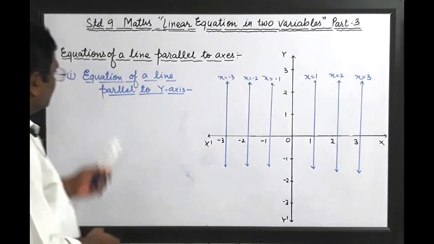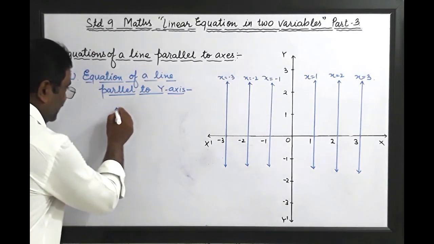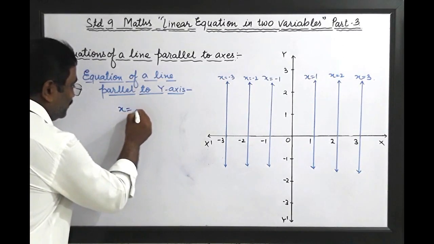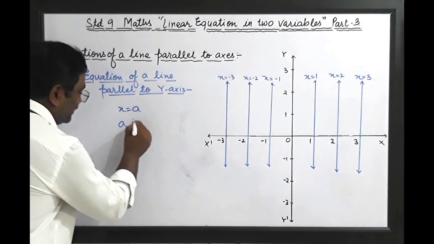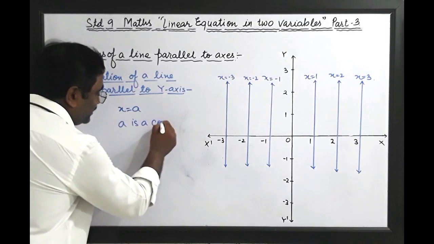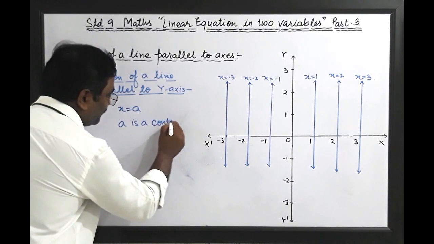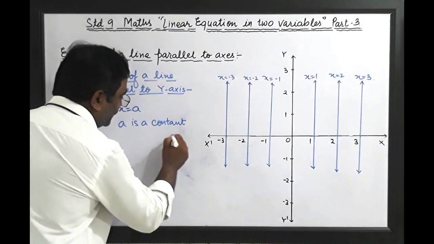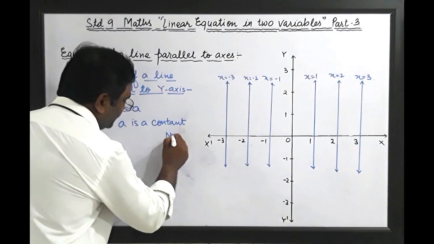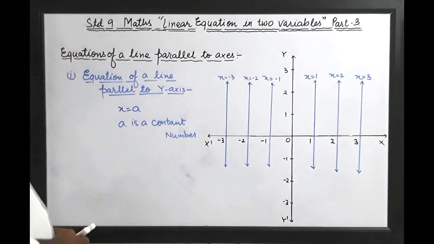It means the equation of a line parallel to y-axis is always x is equals to a, where a is a constant number. Right children?